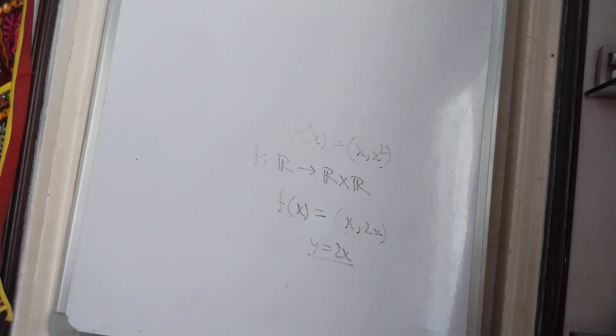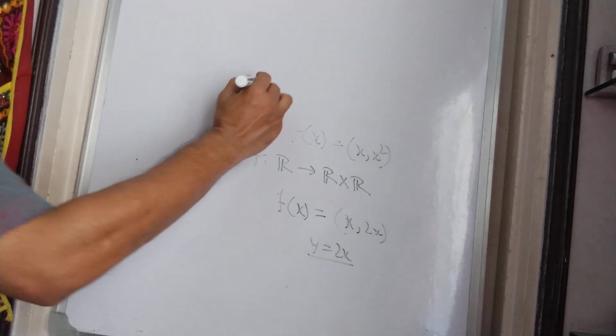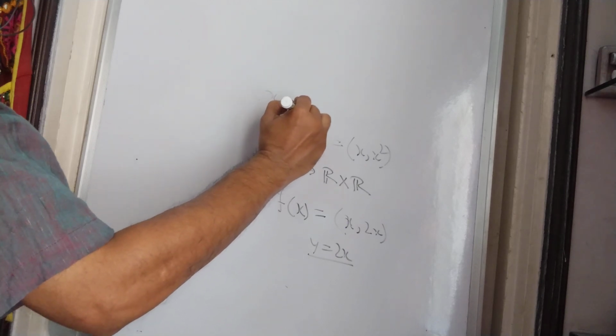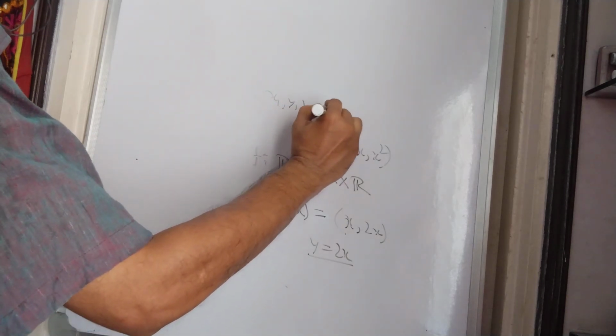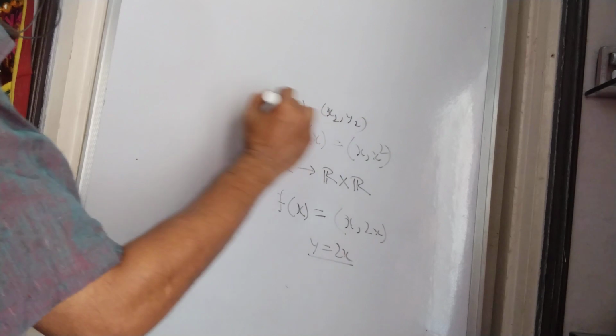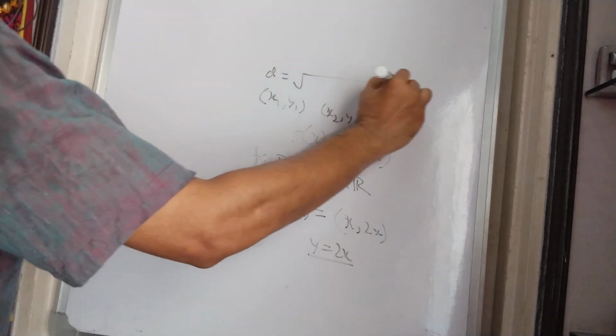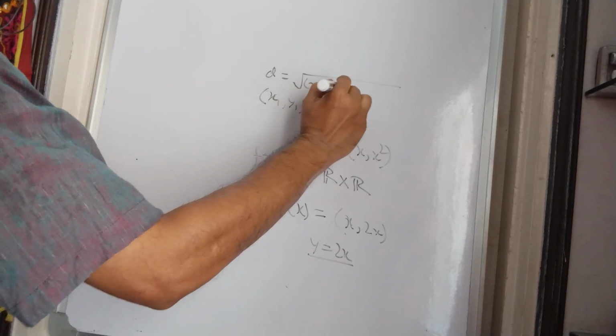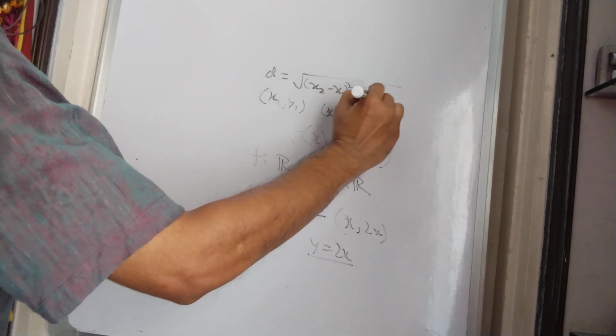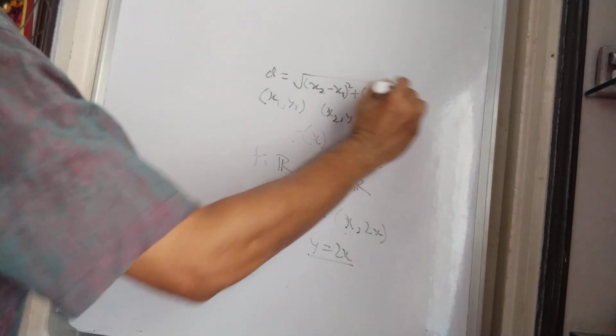In geometry we know that in this 2-dimensional plane, if we have 2 points (x1, y1) and (x2, y2), the distance between these 2 points is measured as the square root of (x2 minus x1) whole squared plus (y2 minus y1) whole squared.